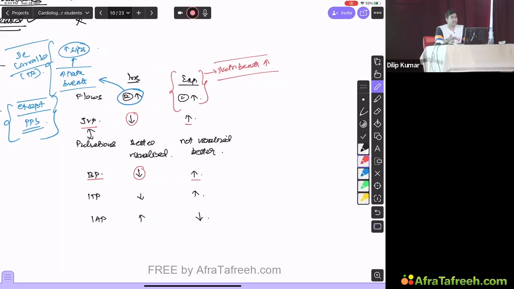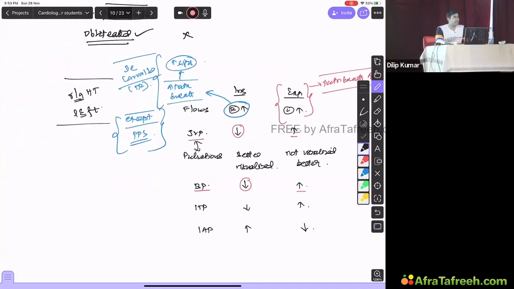The murmur is best heard when the patient's breath is held in expiration. Why do you say that? Because most of the pathological events on the left side get accentuated in expiration. There is no law for that. De Carvalho's law is applicable only for right-sided events, not for left-sided events. Do you understand or not?